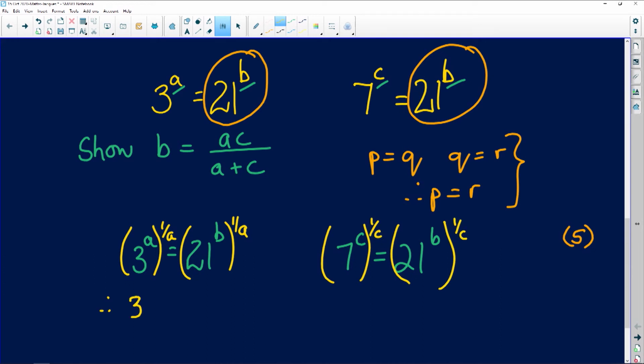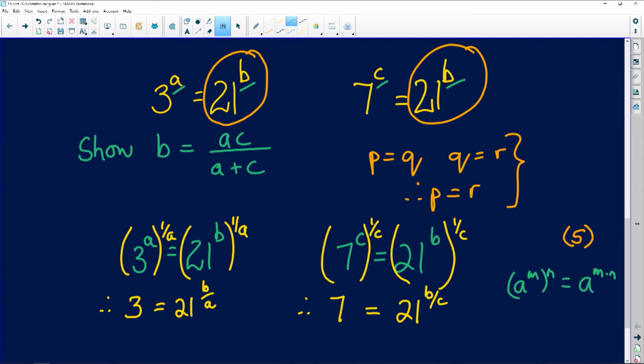So we get 3, which is equal to 21 to the power B over A. And here, I get 7, which is equal to 21 to the power of B over C. Remember your exponential rule that says A to the power M to the power N is the product of those two powers, grade 12s and grade 11s that are possibly watching today.